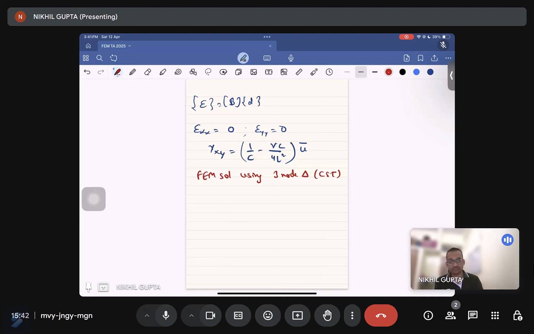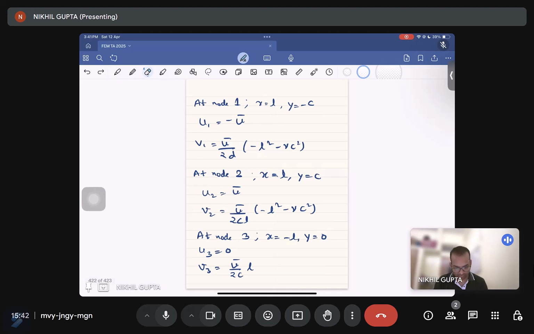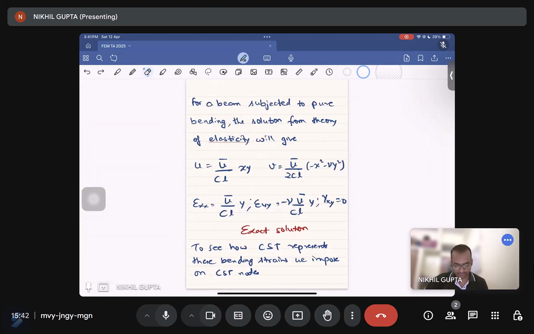So what do you observe from this? As the name says, constant strain triangle, we see some of the strains as 0, but in the real problem, when we have solved the exact solution, they are not 0.